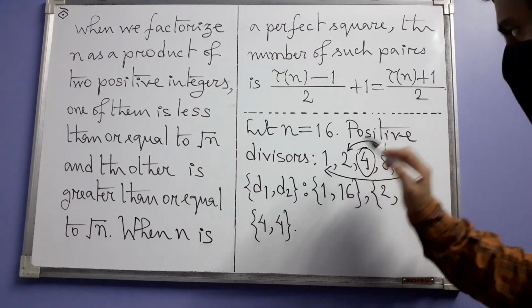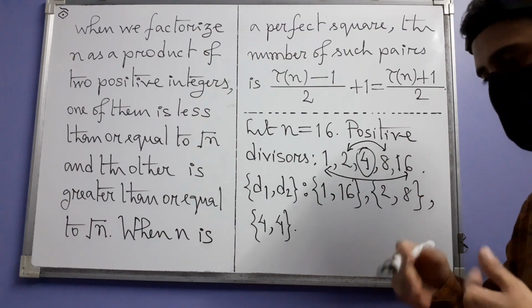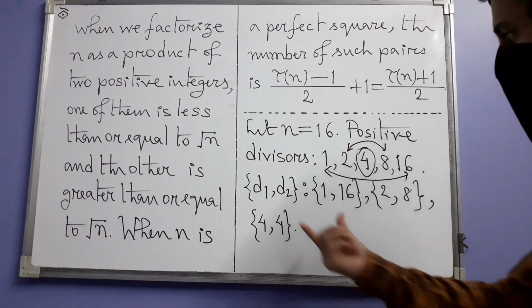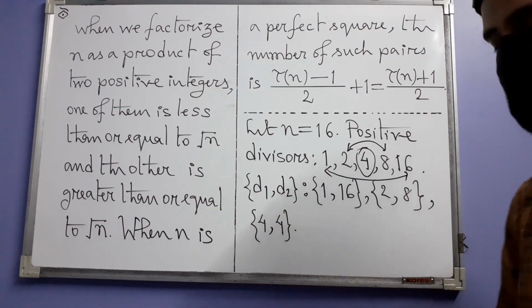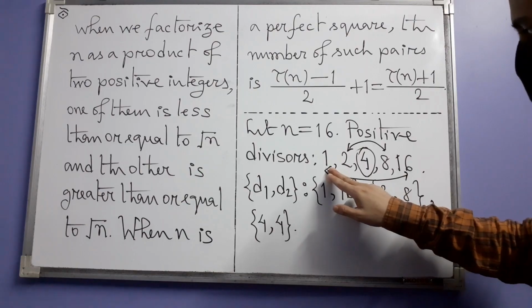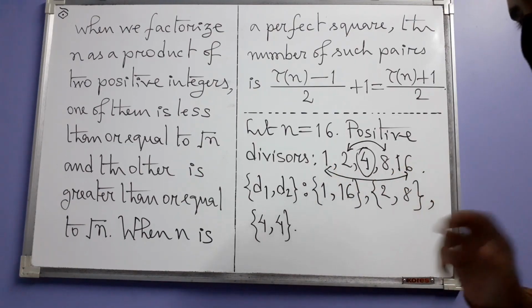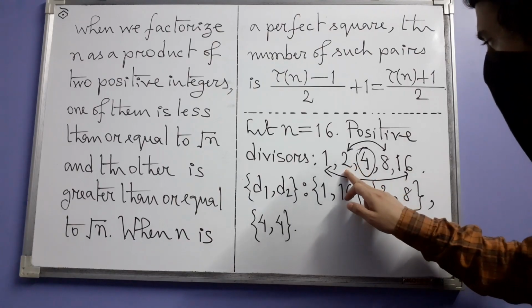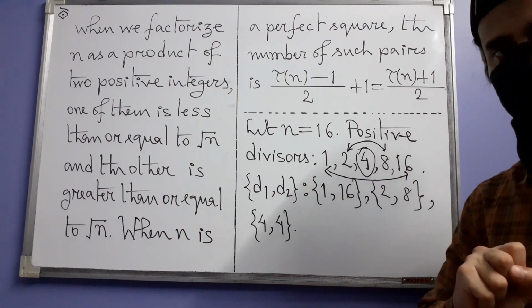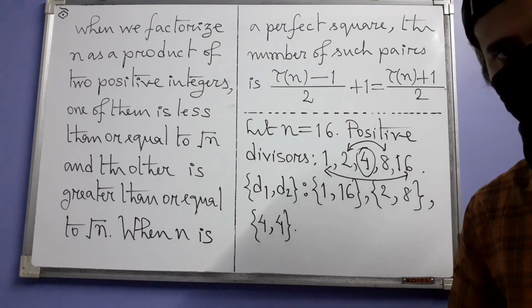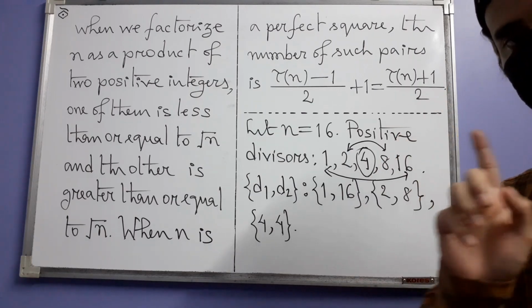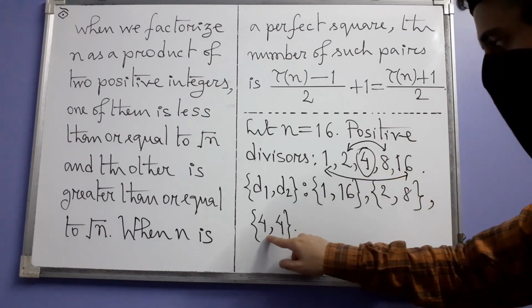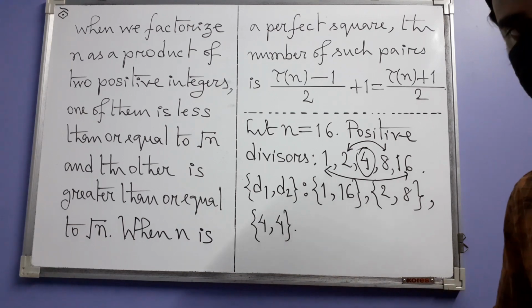So if you are using these divisors to create 16 in the form of these pairs, you would take 1 and 16 together, so 2 numbers are gone. You will then take 2 and 8 together, 2 more numbers are gone, and you will be left with only one number, that is 4, which has to make do with itself only.